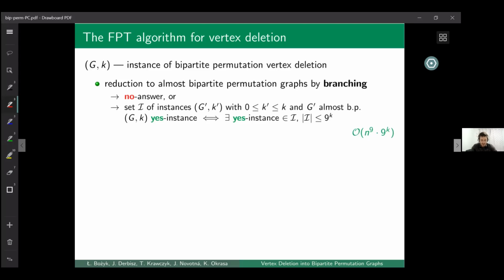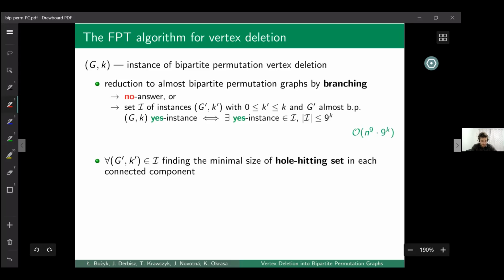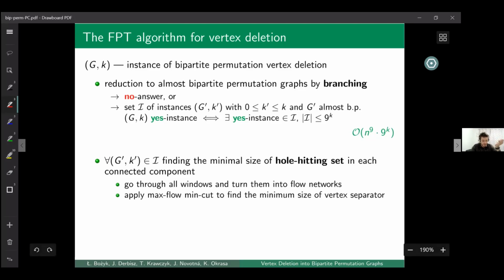Once we are left with this set of reduced instances, we know that they are almost bipartite permutation graphs, and we want to remove the long holes from them. For each connected component within such G prime, we find the minimal size of a hole hitting set by looking through all possible windows and picking the one with the minimum vertex separator, by this flow algorithm.